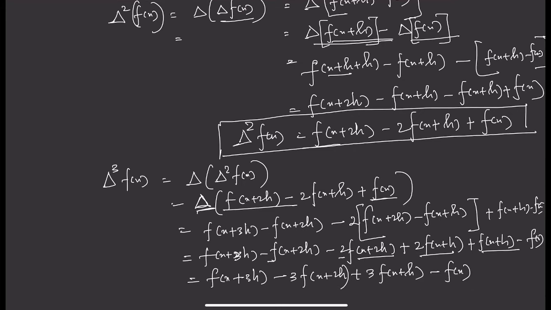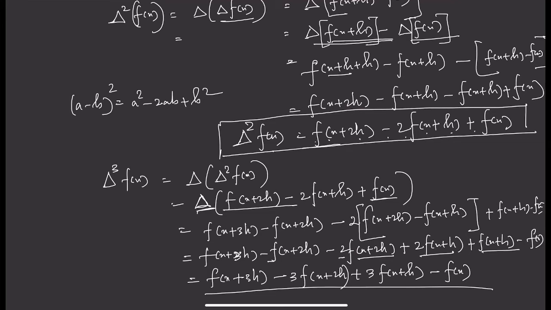So first, when del square of f of x is given to us, then f of x plus 2h minus 2 into f of x plus h plus f of x. Somewhere you can see that this is in this format: a minus b whole square is nothing but a square minus 2ab plus b square, right? This format.